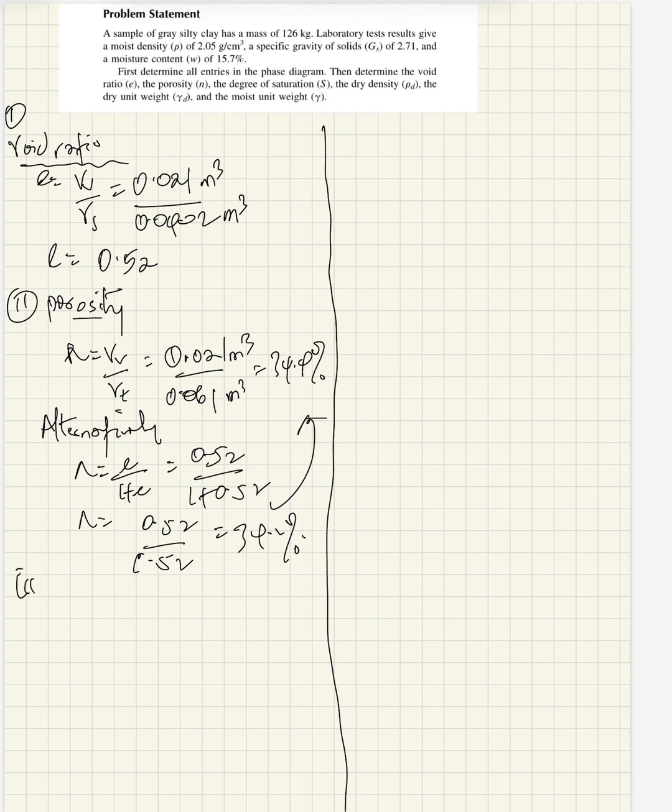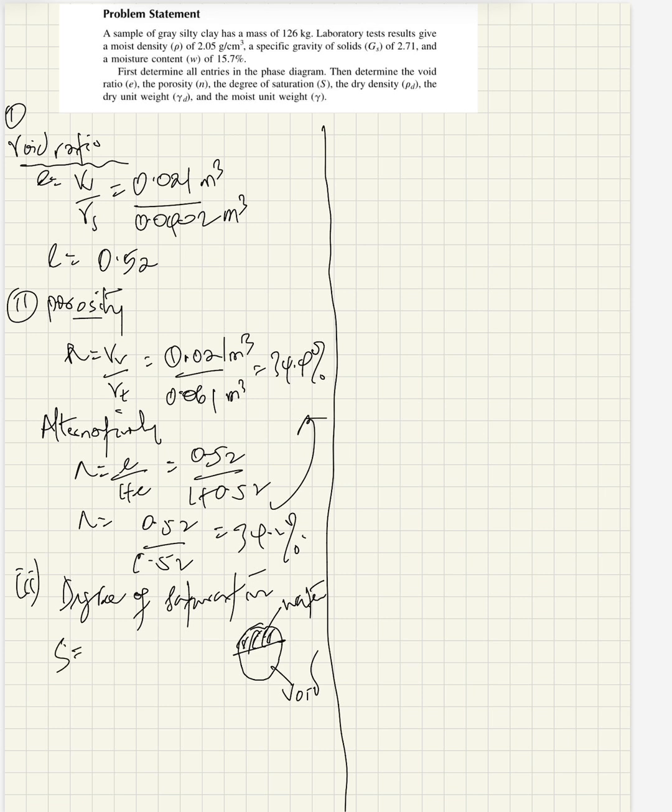So the third one, we have to compute the degree of saturation. Degree of saturation is just talking about, if this is the void space, this is the void, and if this is water, what is the percentage of space occupied by water in that void?